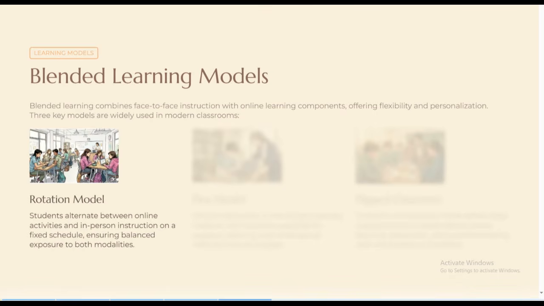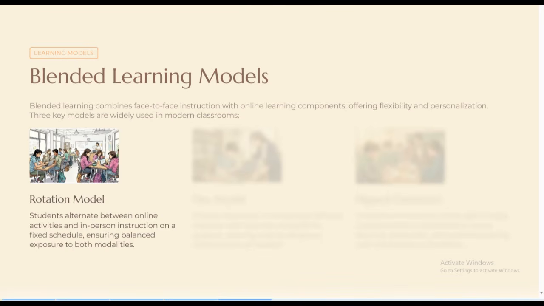We have the rotational model, where students alternate between online activities and in-person instruction on a fixed schedule, ensuring balanced exposure to both modalities. So on this rotational model, students can use the online, and it's mixed.